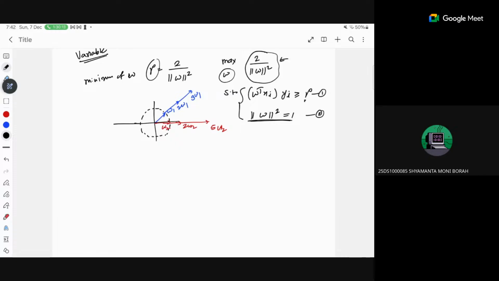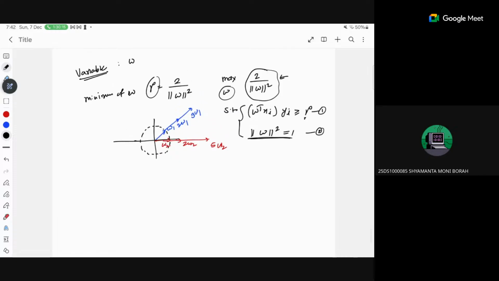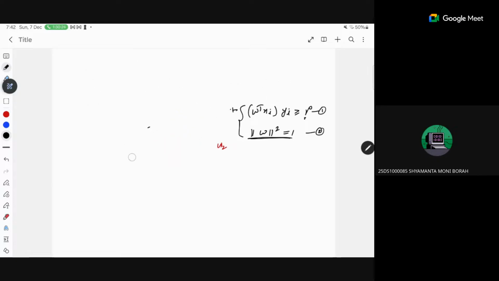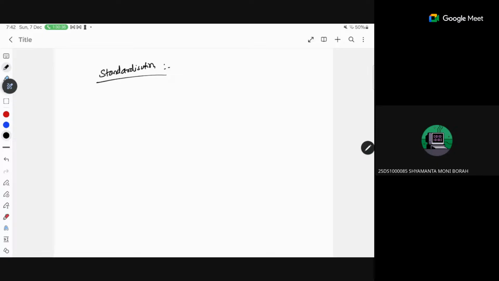Let me recollect all the things and I'll tell you. But the importance of making this margin equal to 1 is only to standardize things. The standardization is required. What do you mean by standardization anyway? The basic crux of that is to make the units the same, right?